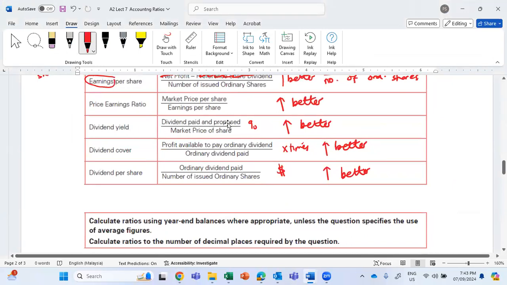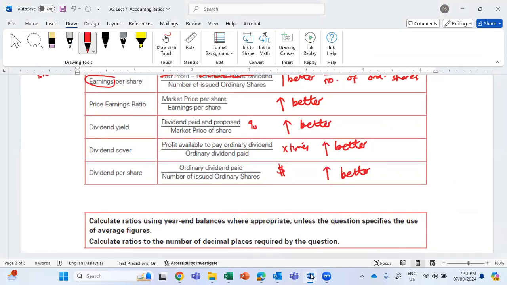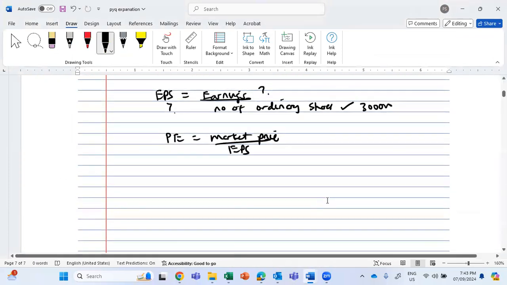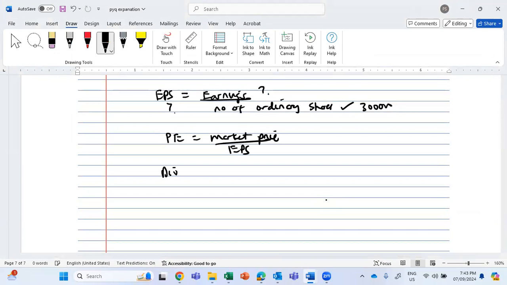So dividend paid and proposed divided by market price. Okay, let's list this down. Dividend yield is dividend paid and dividend proposed divided by market price per share.